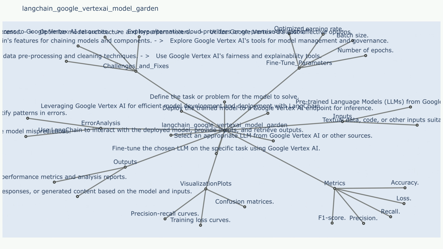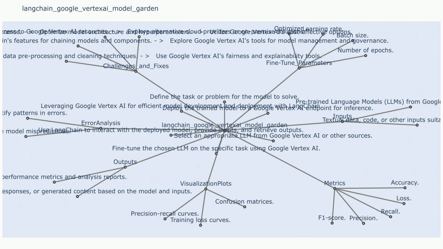A larger batch size can lead to faster training but requires more memory, while a smaller batch size can be more memory efficient but slower to train. Number of epochs: the number of epochs specifies the number of times the model is trained on the entire dataset. More epochs can lead to better model performance but can also lead to overfitting.